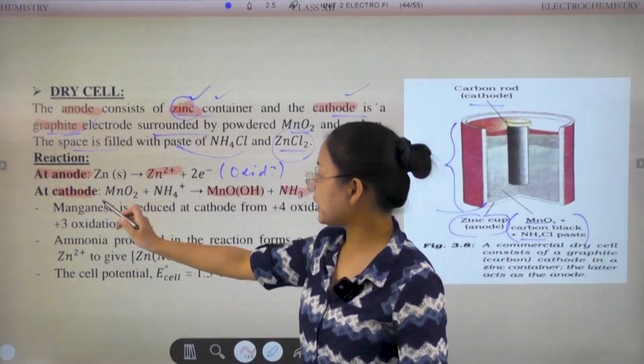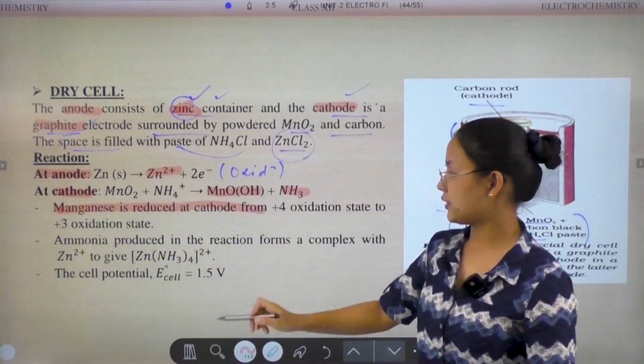Now manganese is reduced at the cathode.